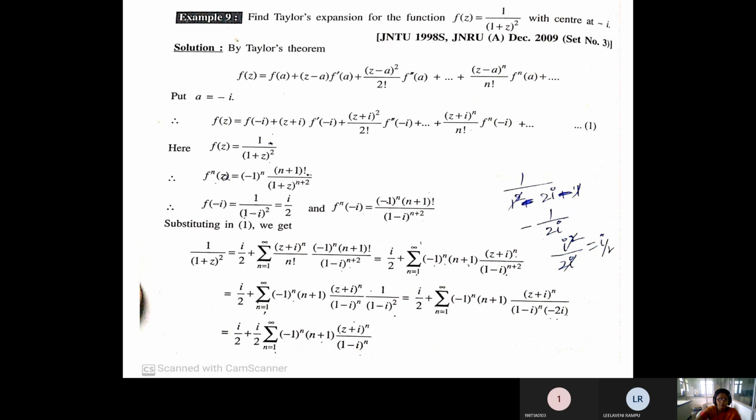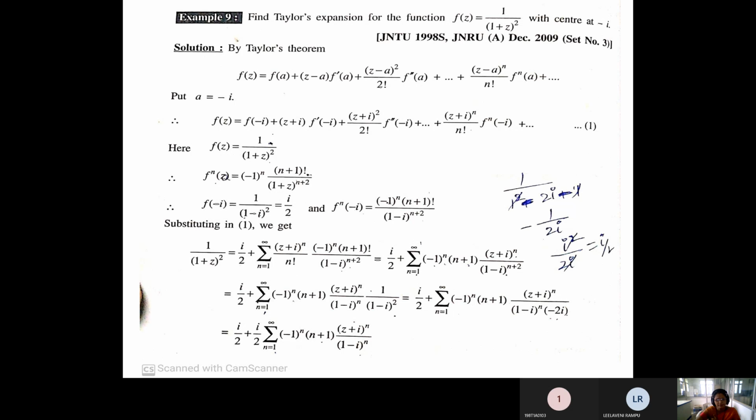Put a equal to minus i. So f of z equals f of minus i plus z plus i into f dash minus i, plus z plus i whole square by factorial 2 into f double dash minus i plus and so on.